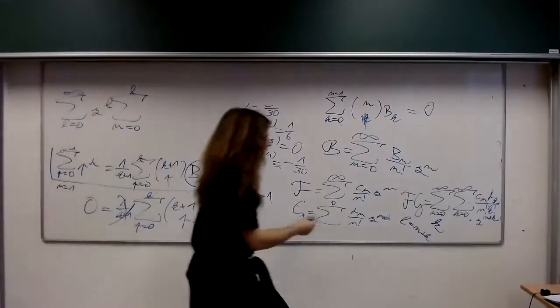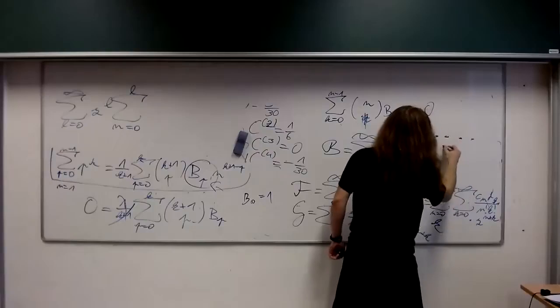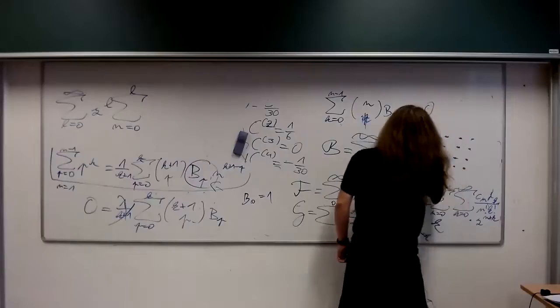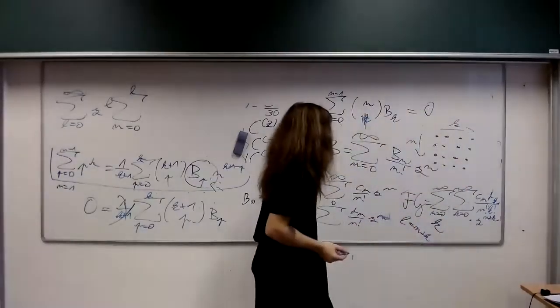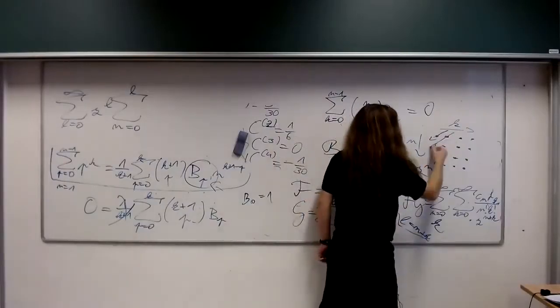If we just make a little picture, then it will be very clear, I think. If we have n here and k here, then if we do such a substitution, we are just going along lines like this.